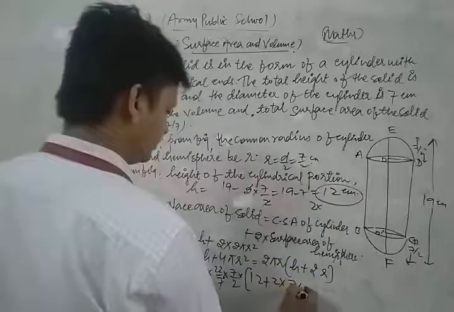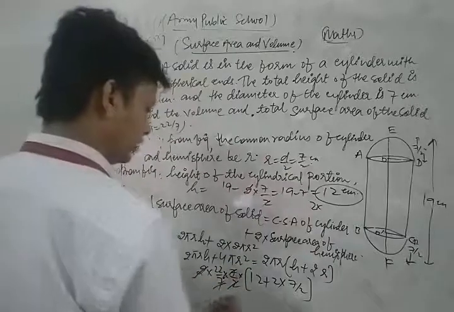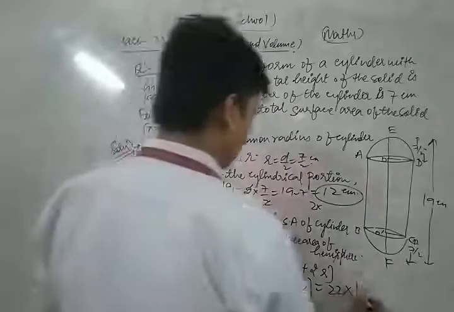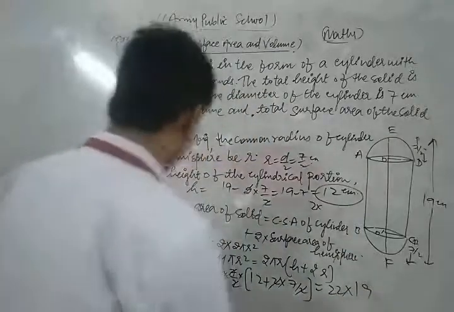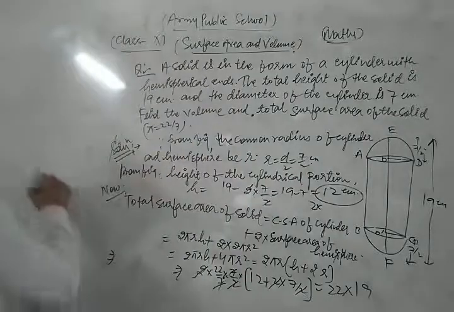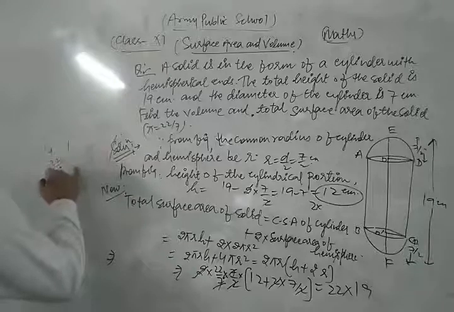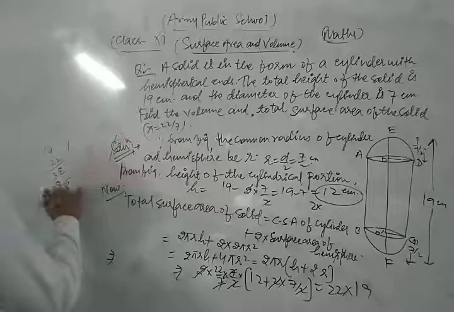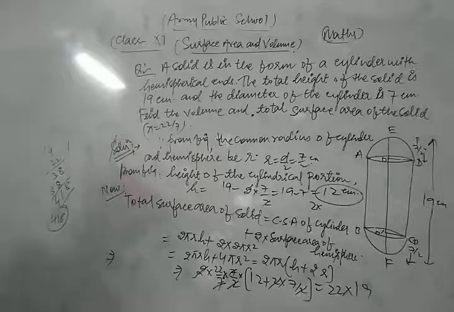Now 7 cancels with 7, 2 cancels with 2, so that is 22 into 19. So we multiply them, and we get 418.